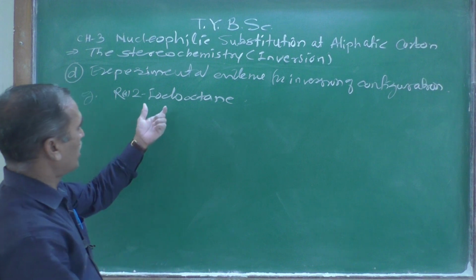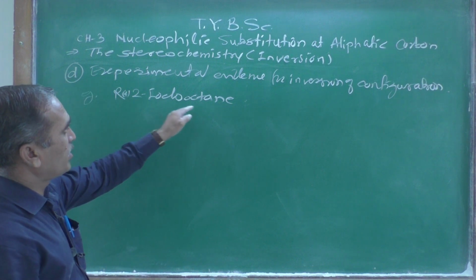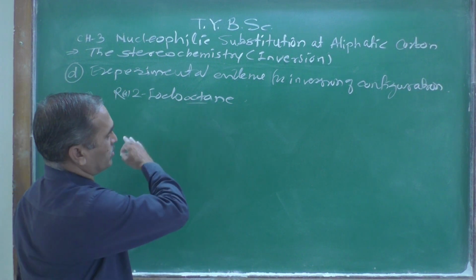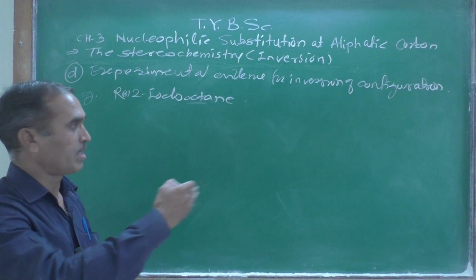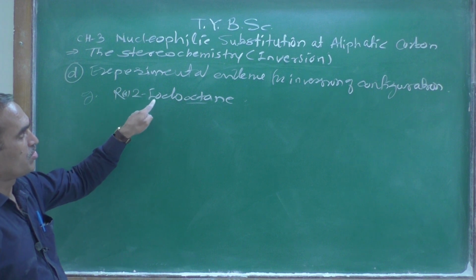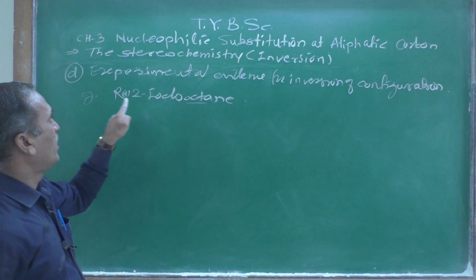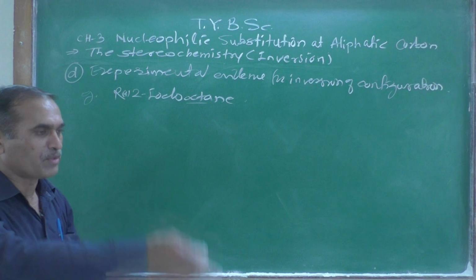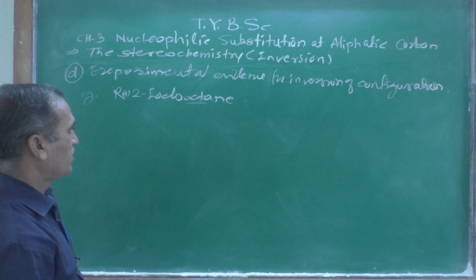Now, 2-iodooctane: as we know, there are 8 carbon atoms in the straight chain, whereas 2 indicates the position of the iodine group, and R is the configuration of that substrate, right?